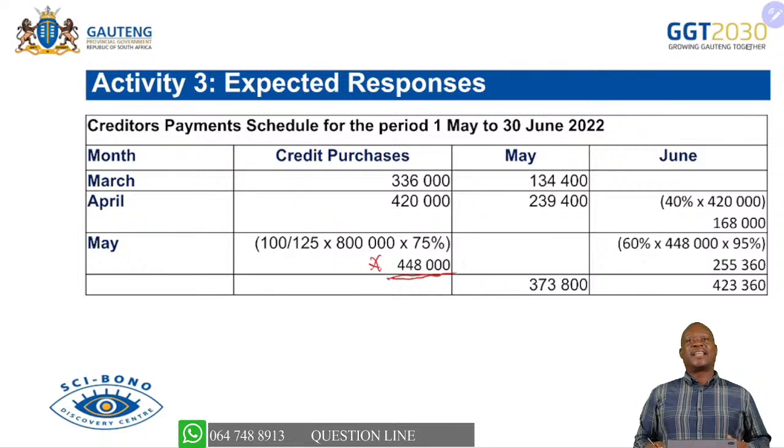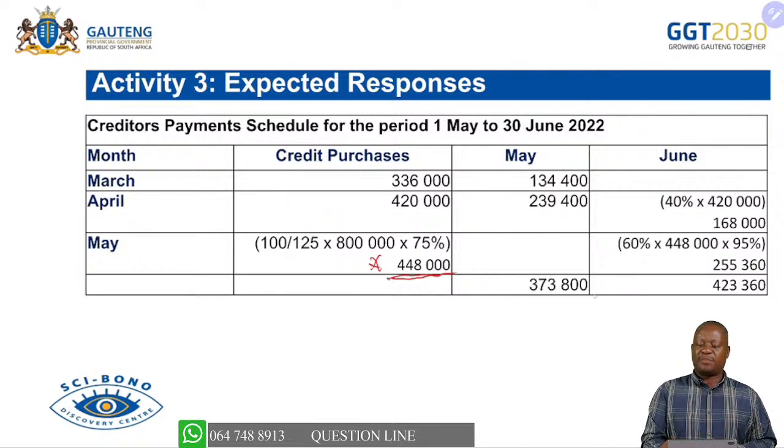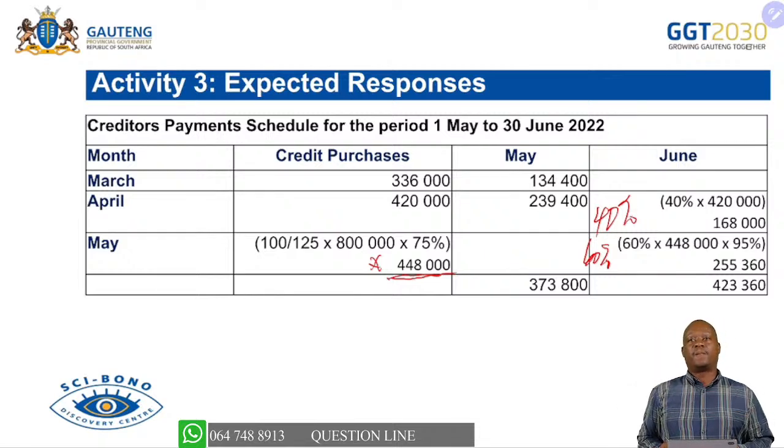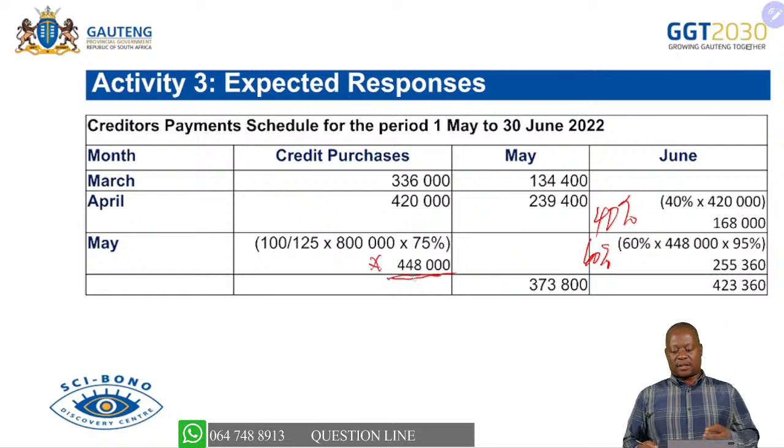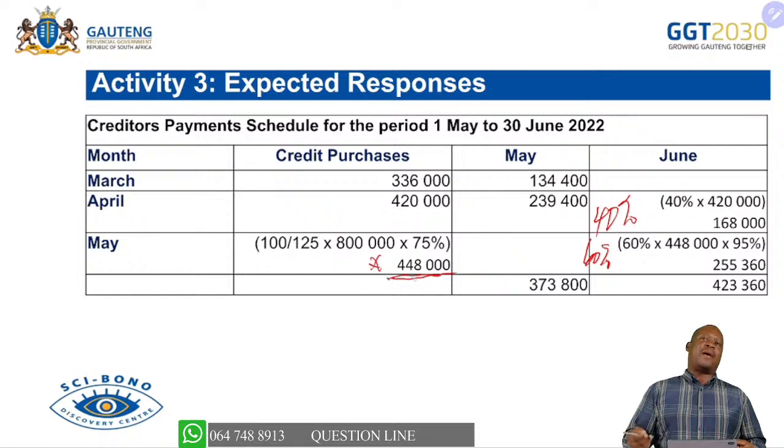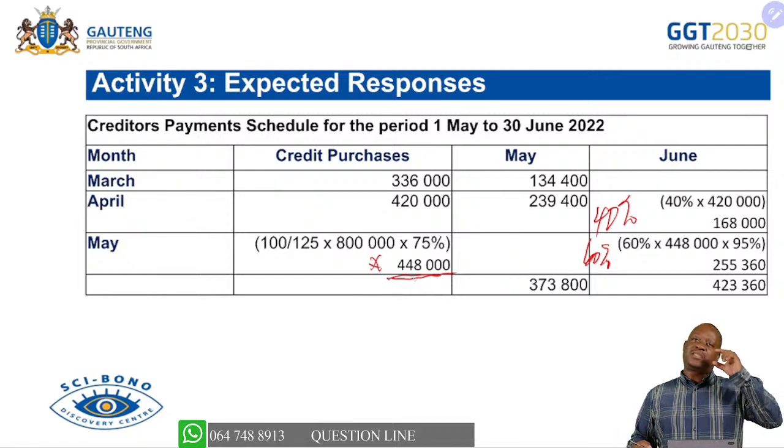Now, the next thing that happens is we are going to make a calculation to check how much is being collected. Remember what we said, 60% is being collected here, and then the 40% is being collected here. 60% of 448,000, and then we multiply by 95%. Why? Because there's a 5% discount.